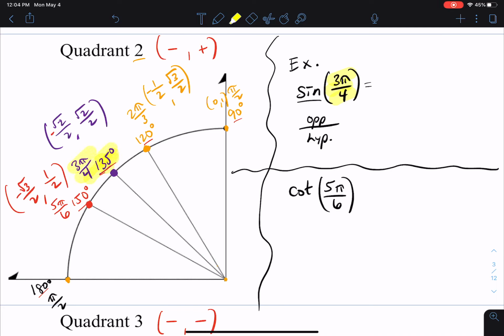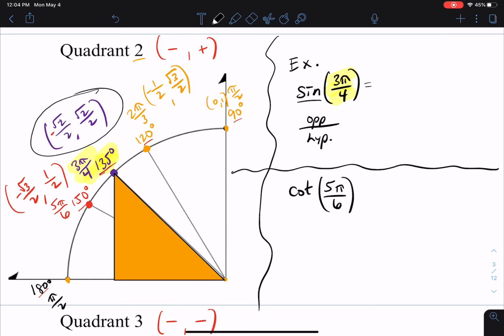We know that comes from a triangle that looks like that, and we actually have the coordinates right here. So sine is opposite. The angle in the center is always our starting angle. So opposite of this angle here is going to be this length here.